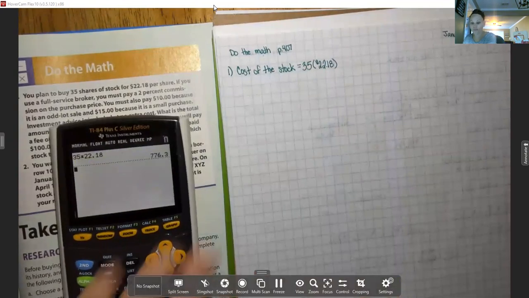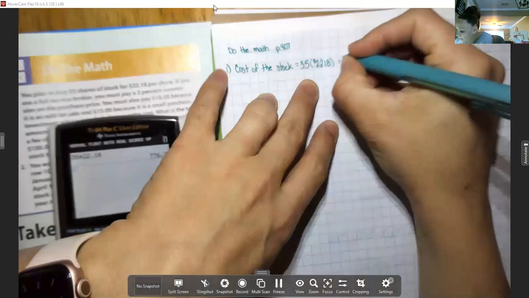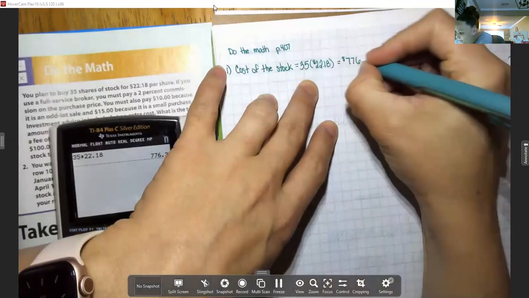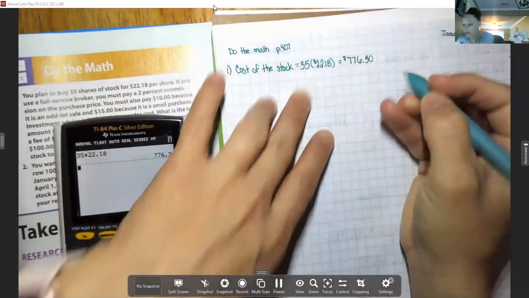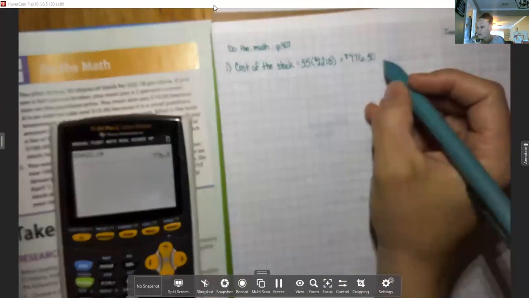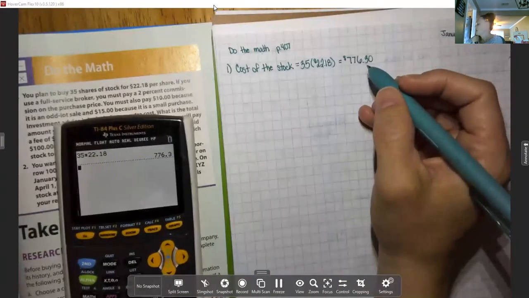All right, so that's $776.30. Remember, make sure you put 0.30, not just 0.3. So that's the cost of the stock.